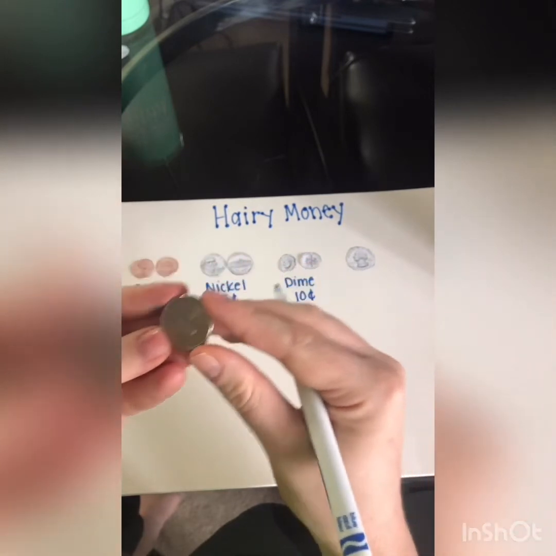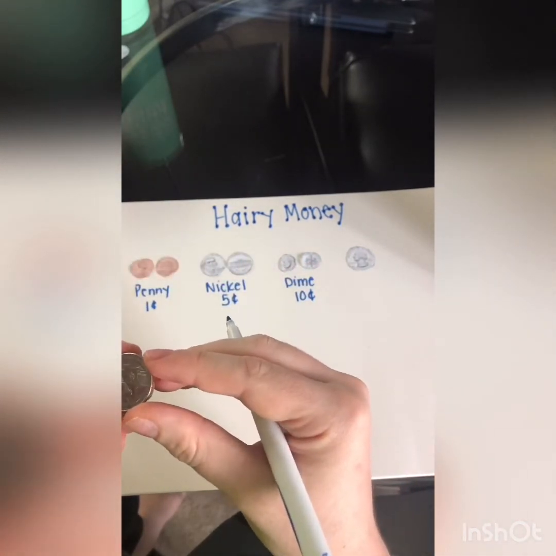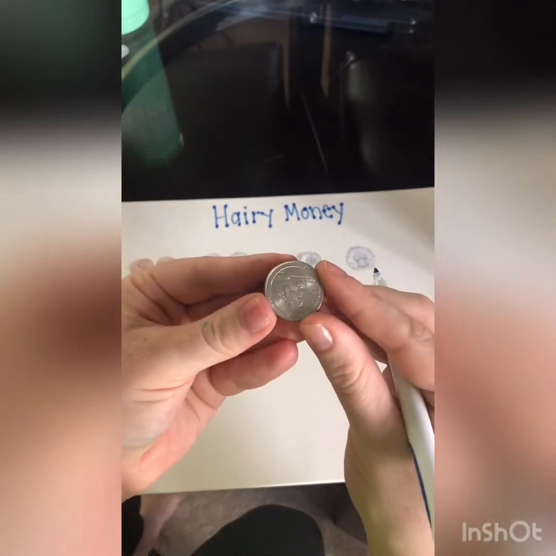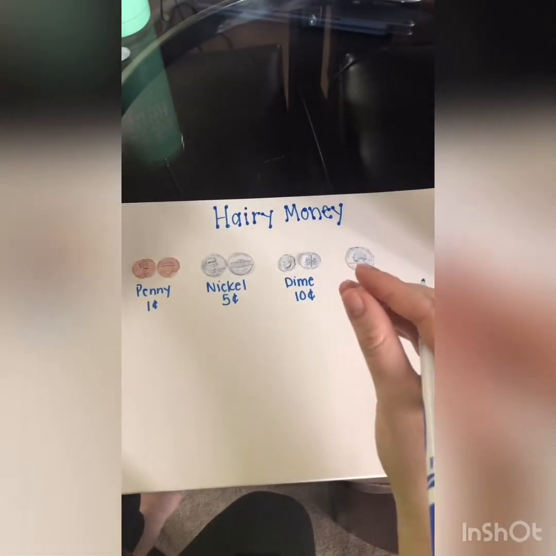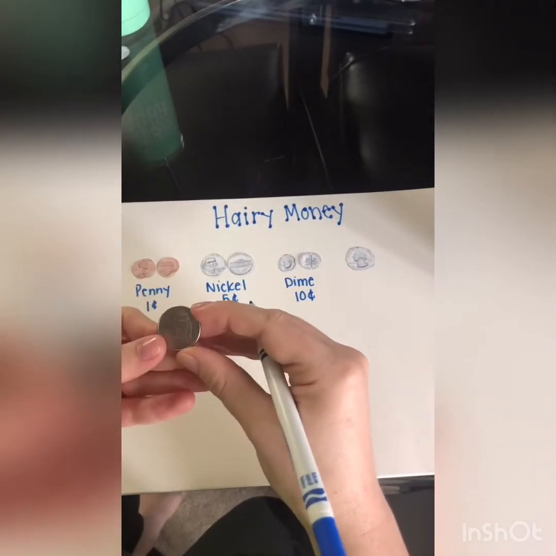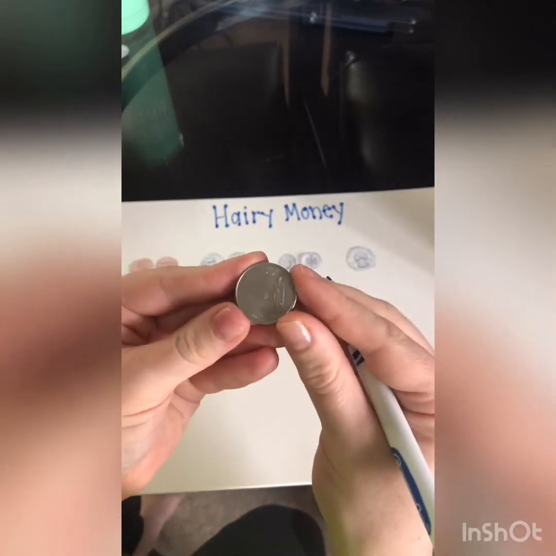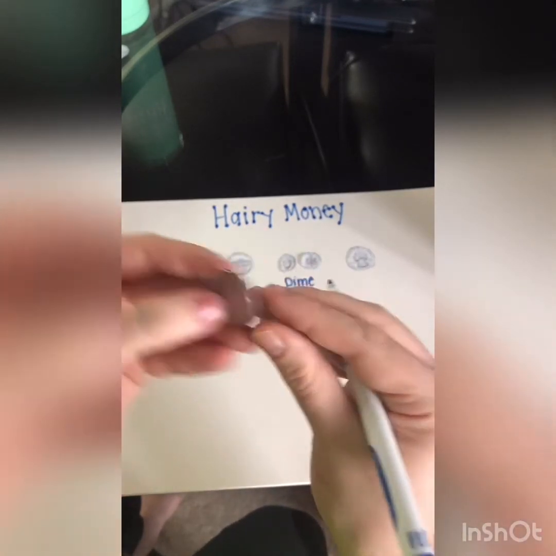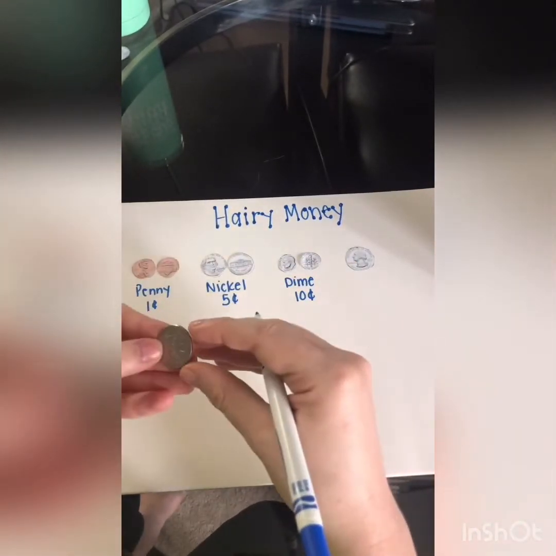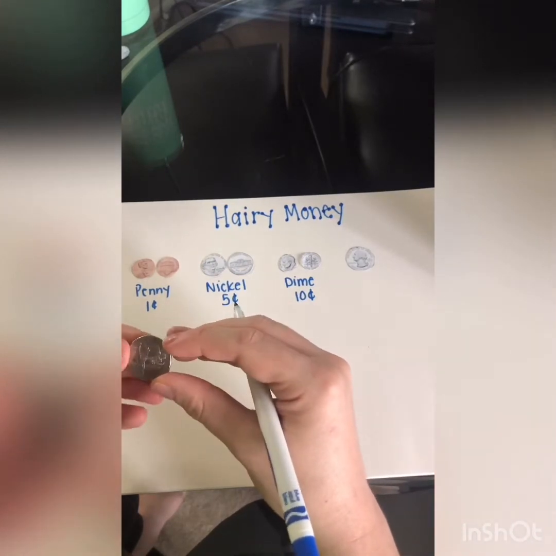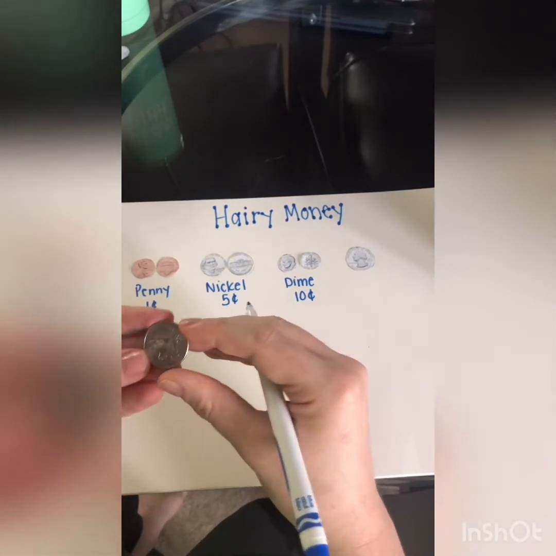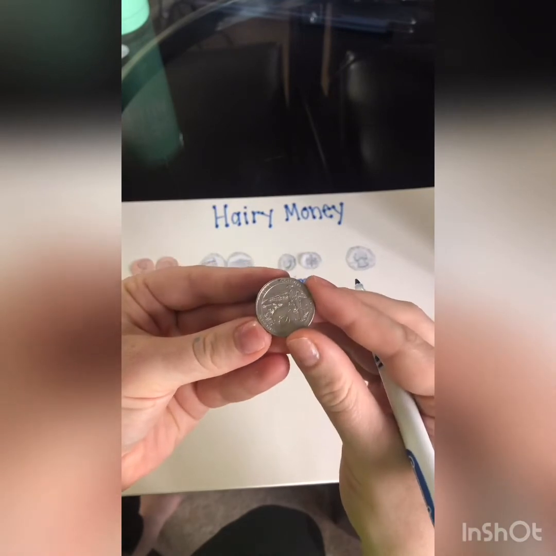This one is for the war in the Pacific. The back of this quarter is for the state of Hawaii. And the back of this quarter is for Theodore Roosevelt.